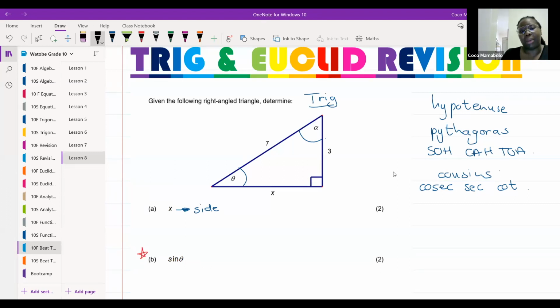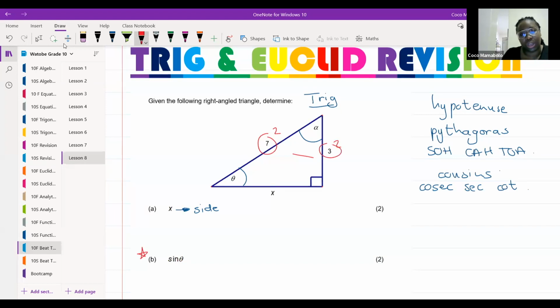Okay, so remember here, guys, x is a short side. If we were calculating for the long side, we would say short side squared plus short side squared equals long side squared. Now that we're looking for a short side, we need to take long side squared minus short side squared.